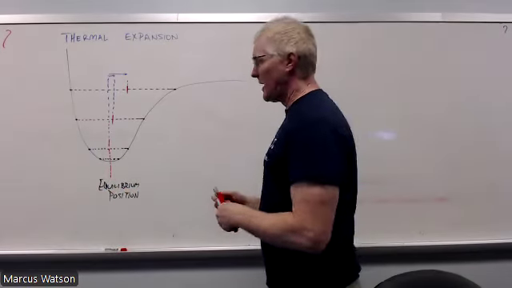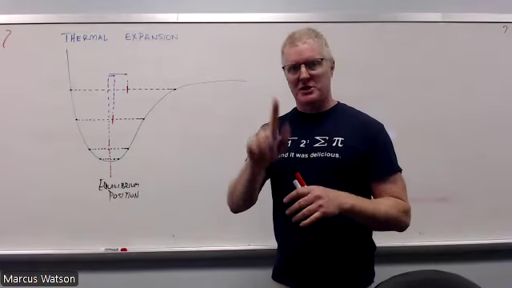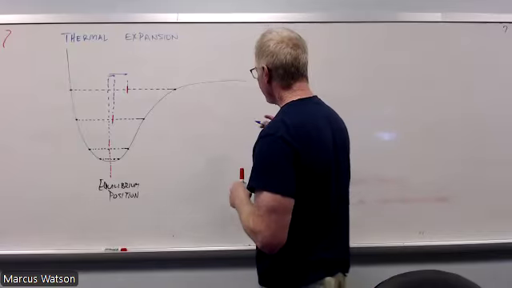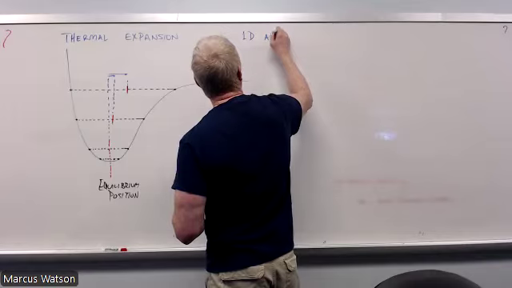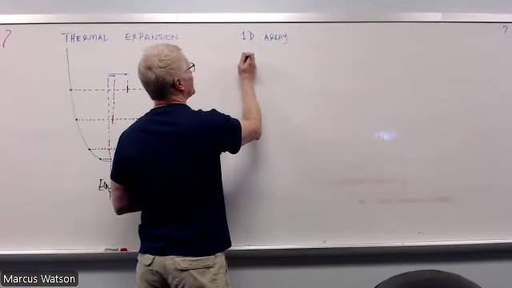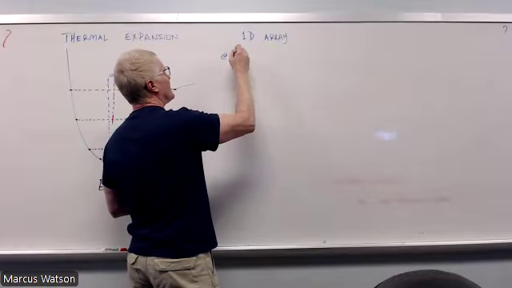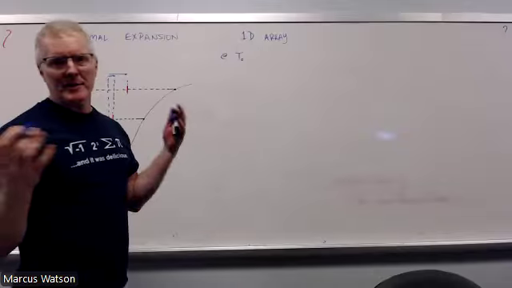So let's forget 2 dimensions first. Let's just look at 1 dimension for a minute. Let's look at what's called a 1D array, or a 1-dimensional lattice, if you like. And I'm going to draw this, say, at T0, room temperature, right?